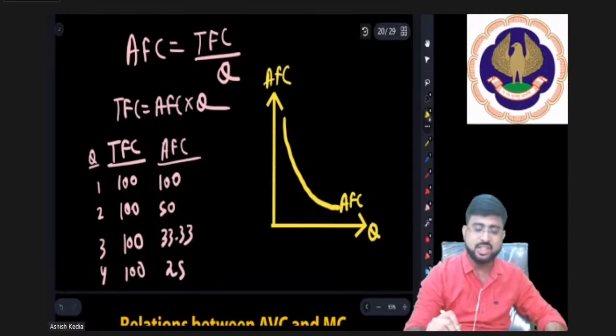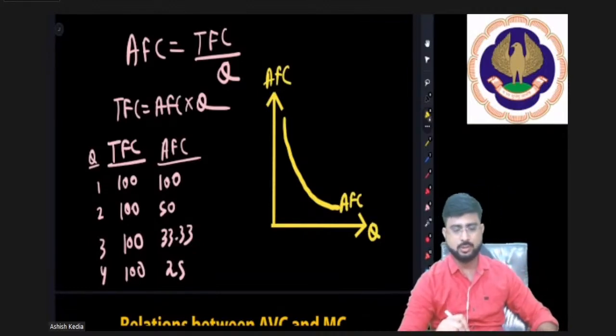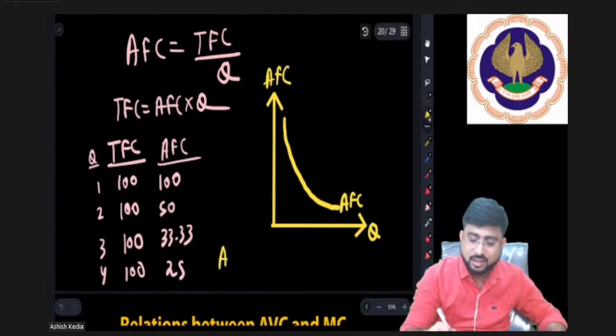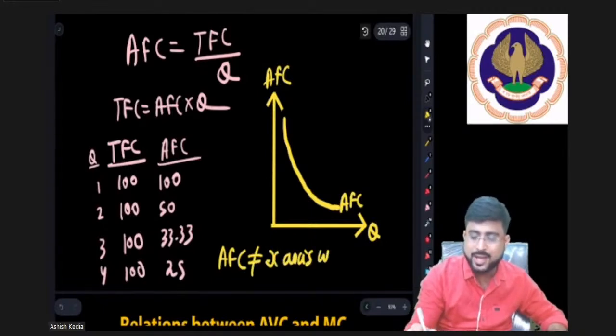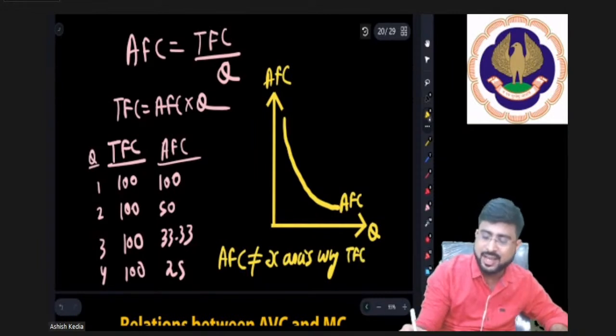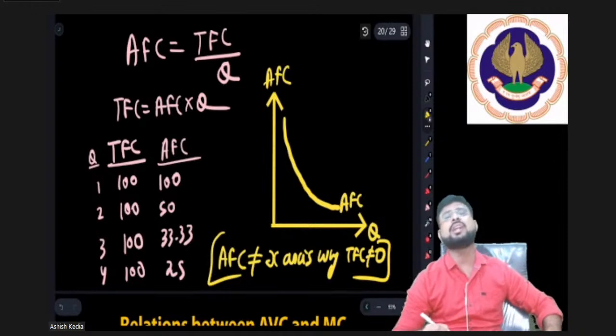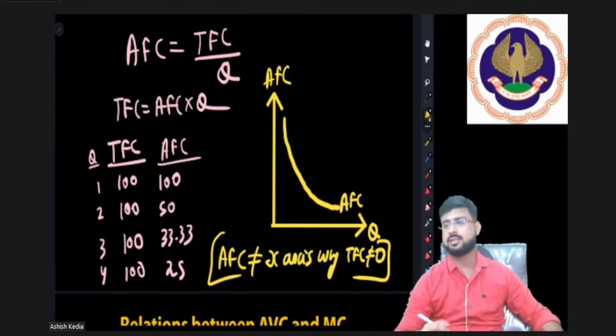Why? Because TFC can never be zero. If total fixed cost cannot be zero, then how can AFC touch the x-axis?